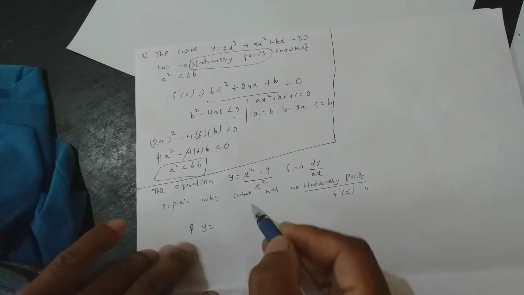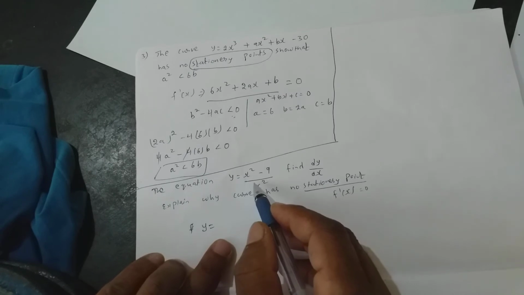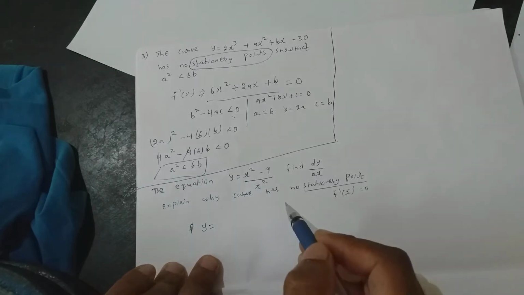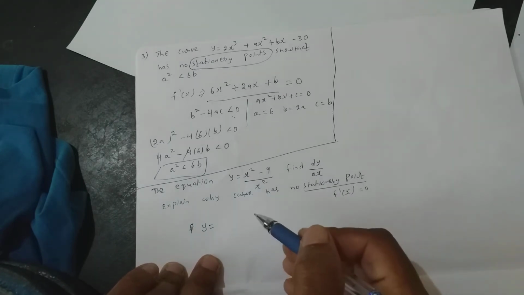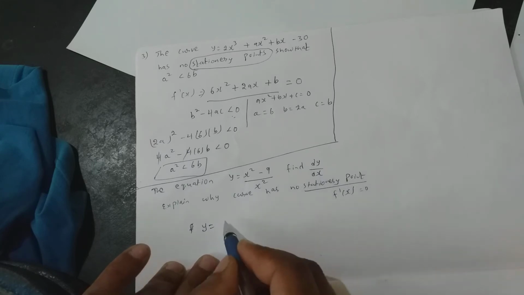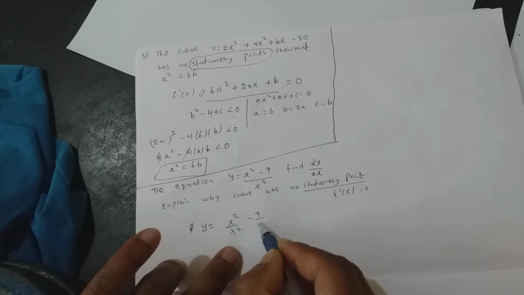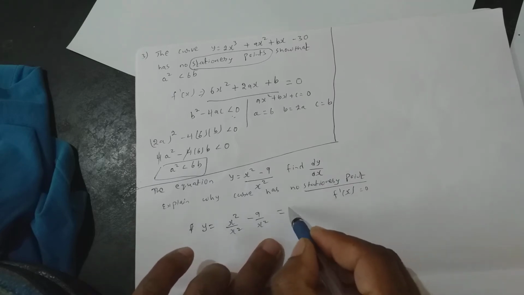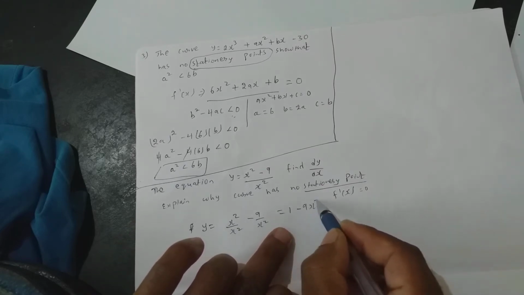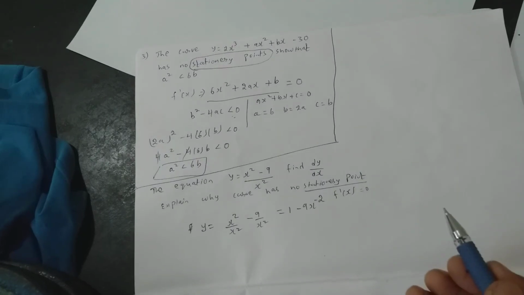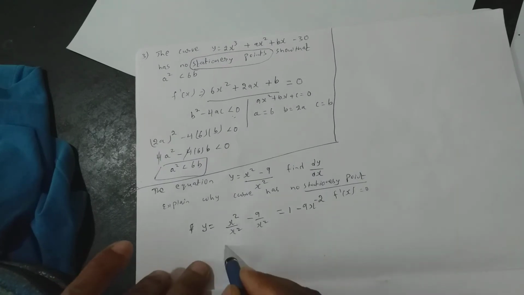Before f dash x, can I directly differentiate this one? No, right? For me to be able to simplify, I need to split the terms first. So it becomes x square by x square minus 9 by x square, which is 1 minus 9 into x power minus 2. Clear? Okay, now dy by dx.